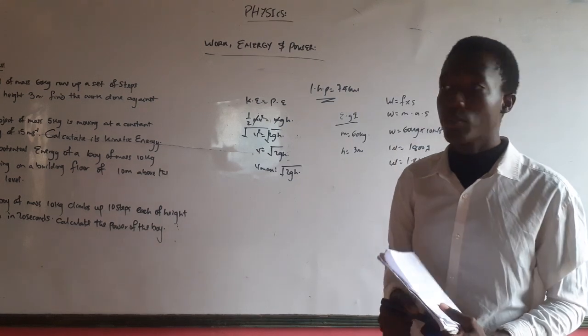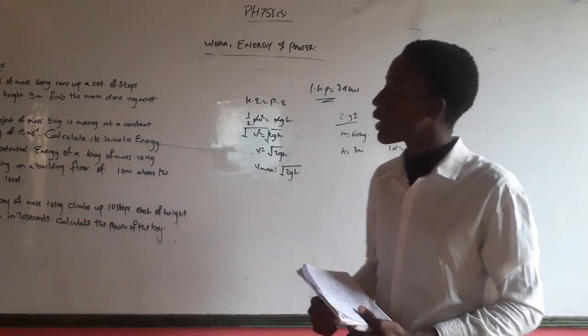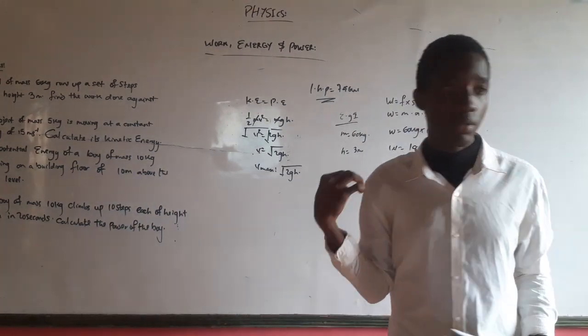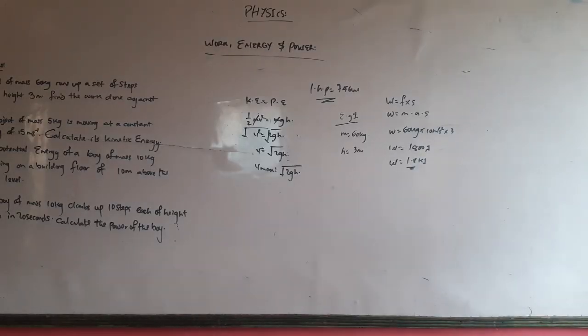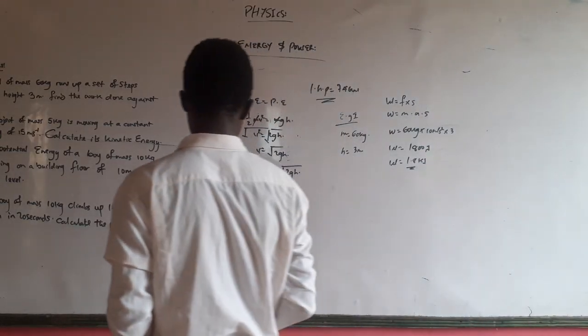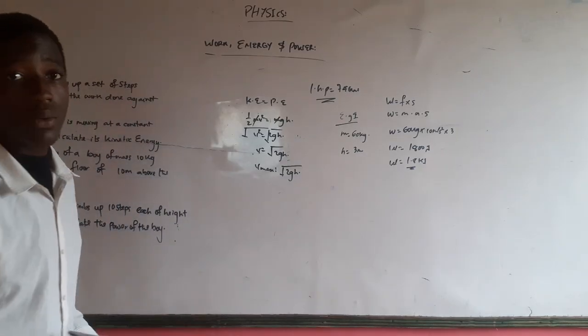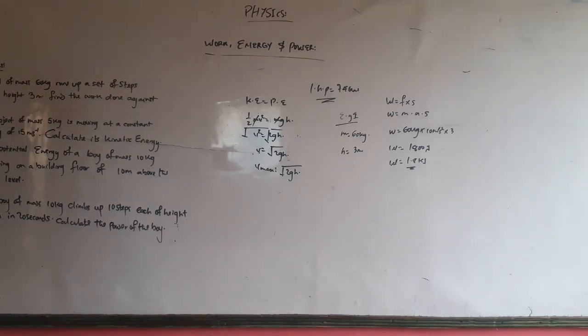So let's move on to example 2. Say an object of mass 5 kg is moving at a constant velocity of 5 meters per second.